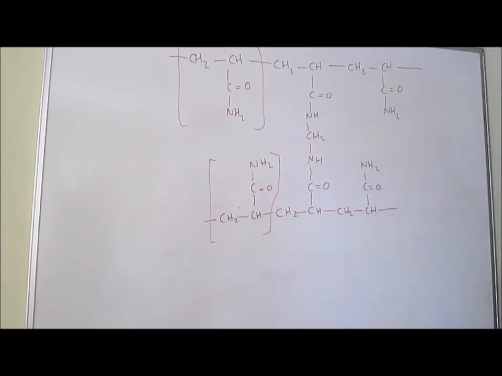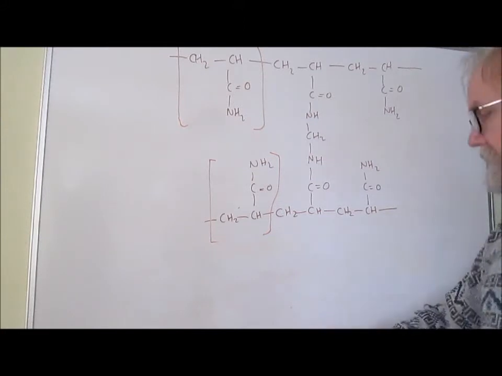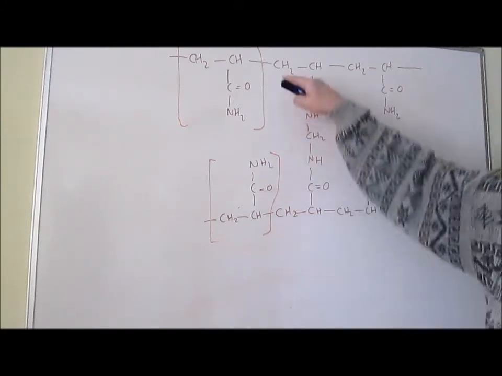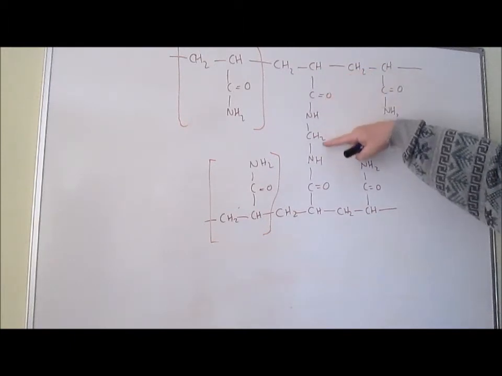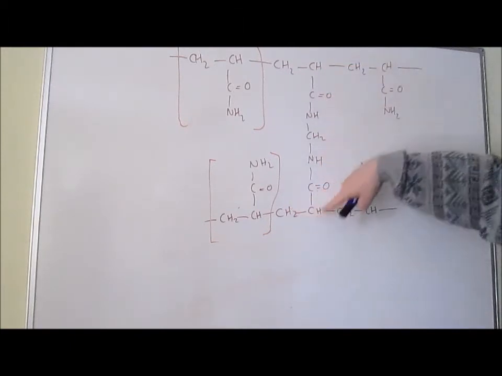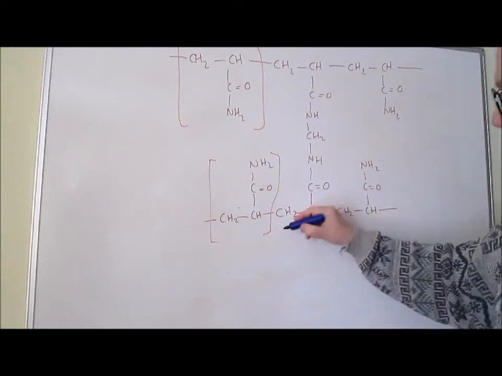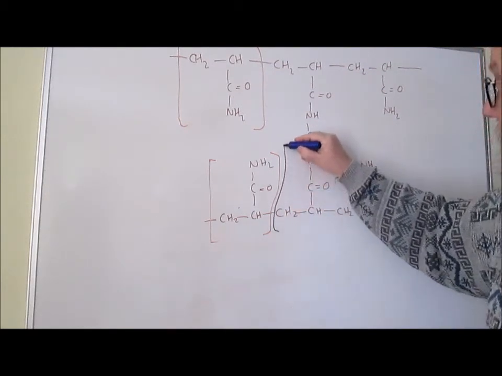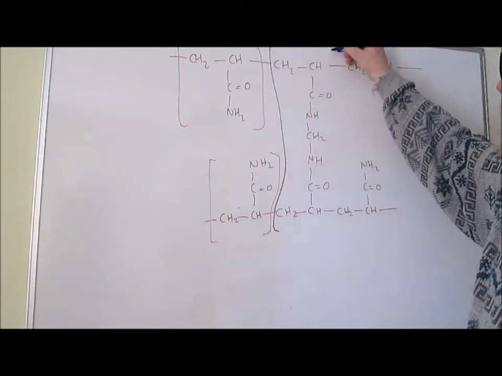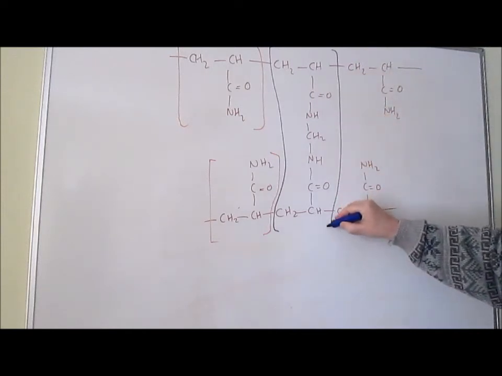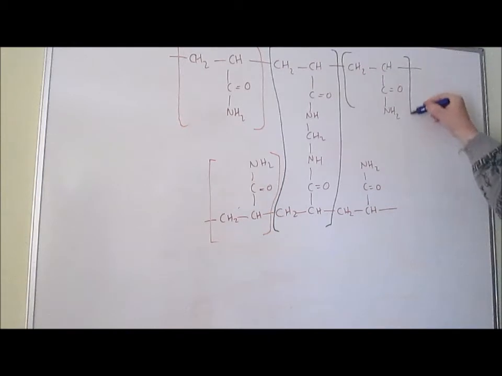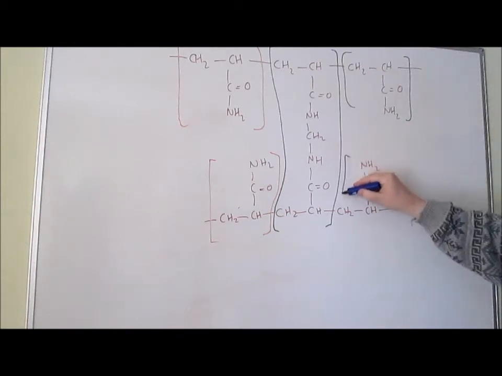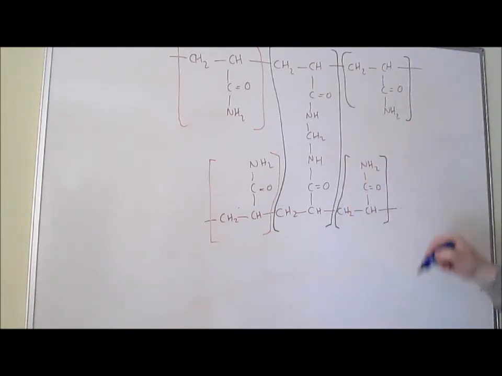So the interesting thing is now what comes next, which is again CH2 as you expect, but then instead of just the simple amide group, we get this rather complicated thing which links the next 2 together. So what we end up with is this cross-link like this, and then you get another normal polyacrylamide repeat unit like that.